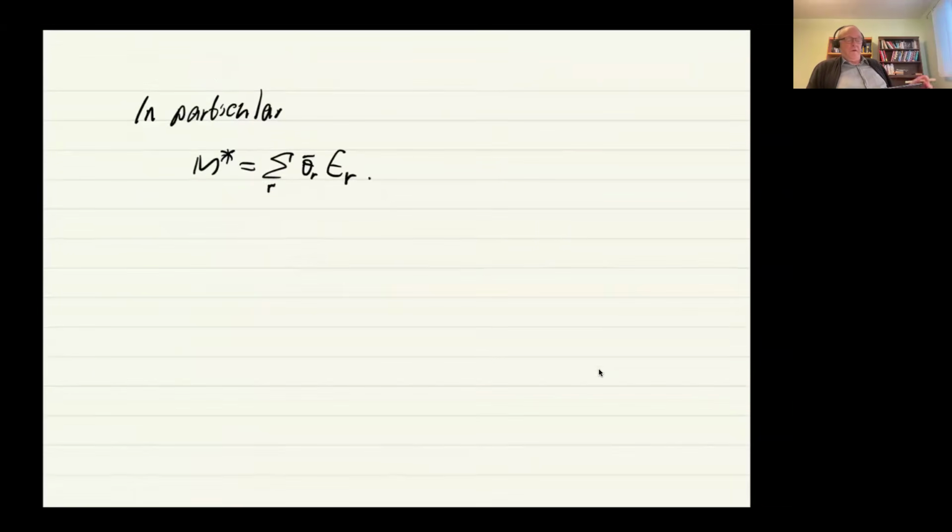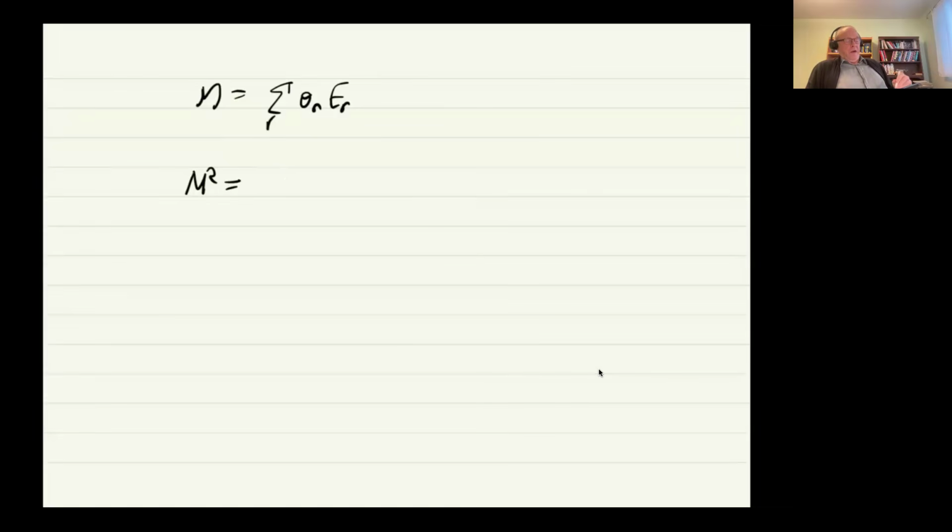Let me give myself a page to work on. So we have M equals the sum. Let's look at M squared.